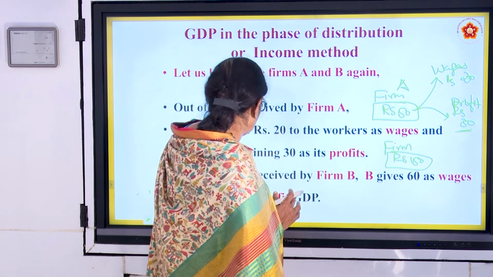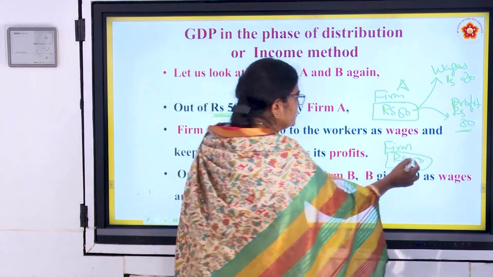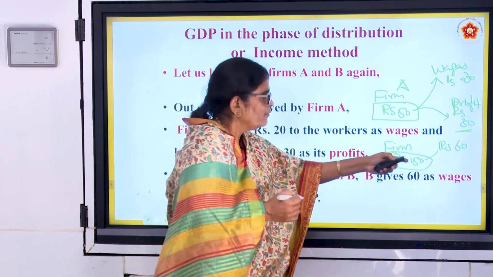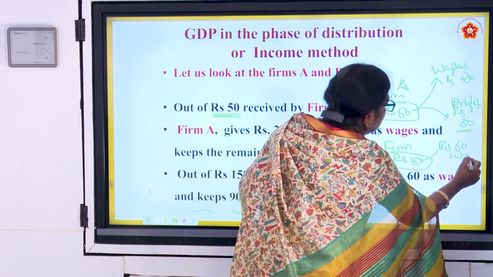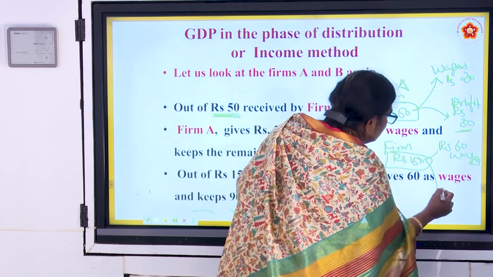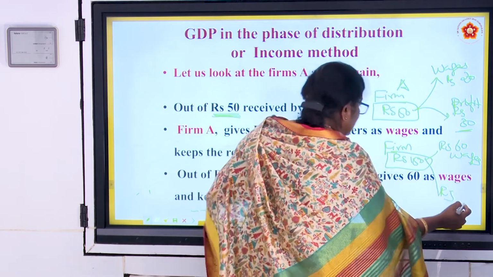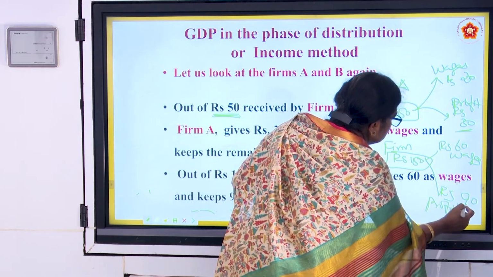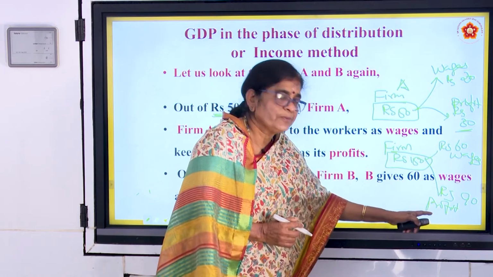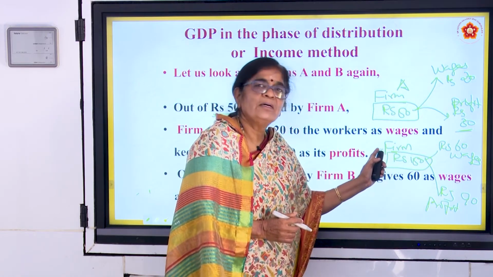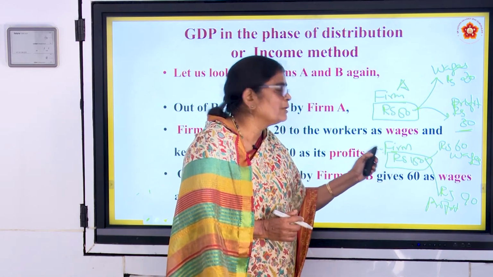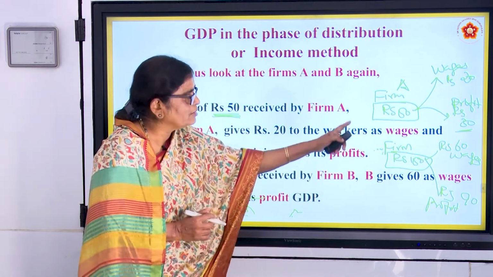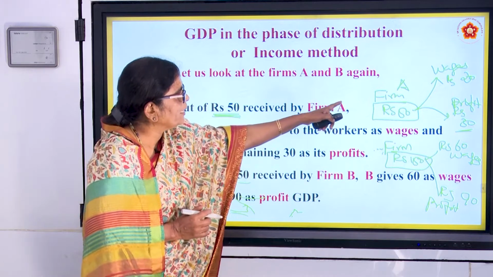Here, out of 150, firm B gives rupees 60 as wages and rupees 90 they keep for themselves as profit. This is the firm's contribution as entrepreneurship. Therefore, firm B keeps 90. This is the distribution pattern of firm A and firm B.